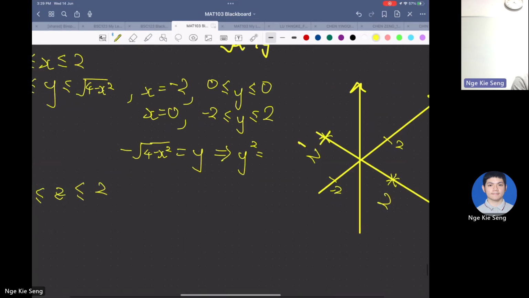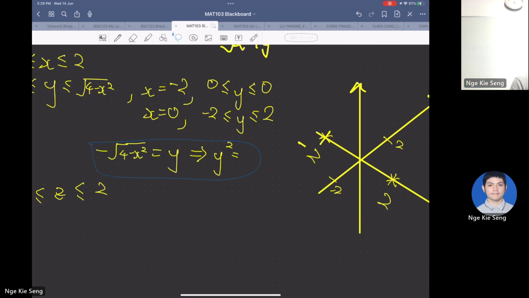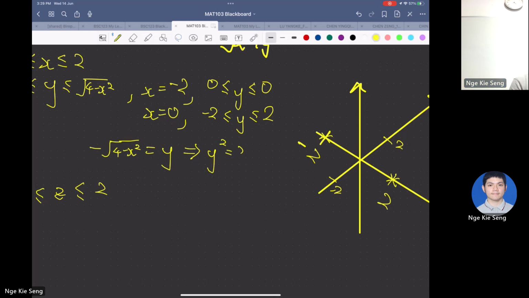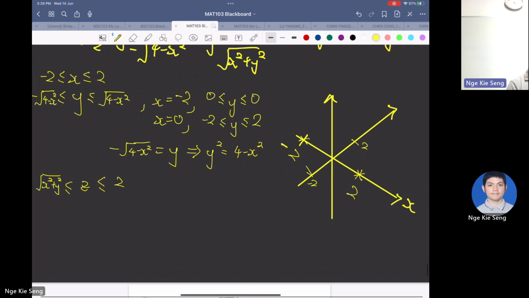Okay. Yeah. So this point actually satisfies the equation of a circle. Like that. Okay, 4 minus x squared. So all these points here satisfy the equation of the circle.